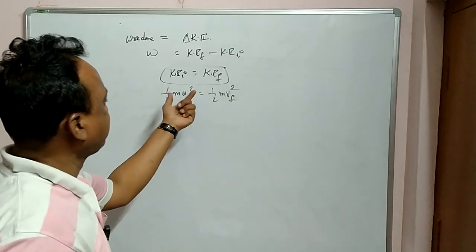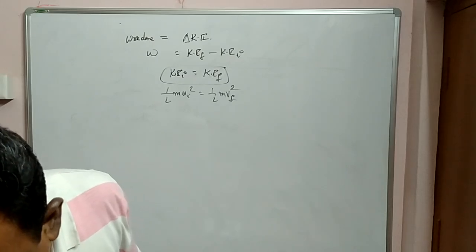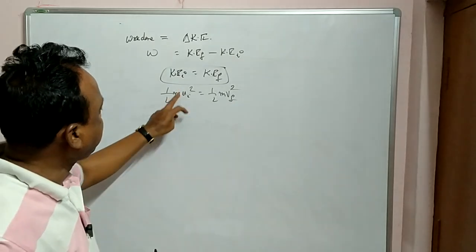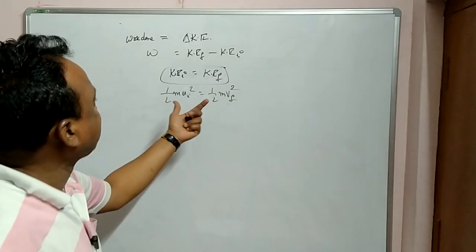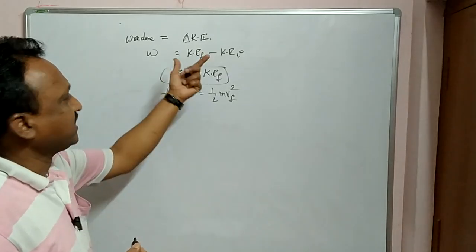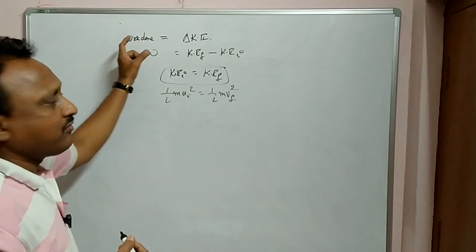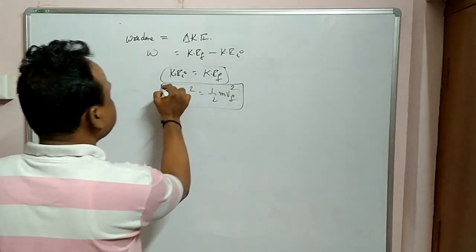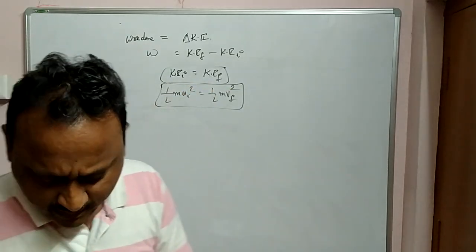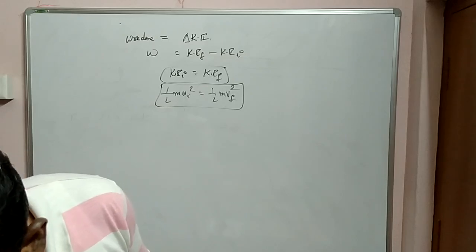You can take it like this. So this is the expression for work done by the magnetic force on a moving charge. This formula you can use in numericals: kinetic energy initial is equal to kinetic energy final. Now let us go to the next one.